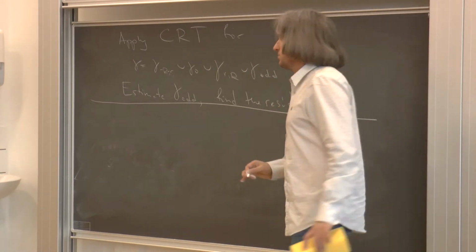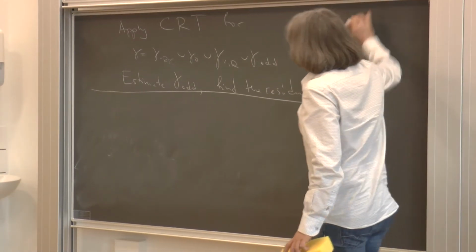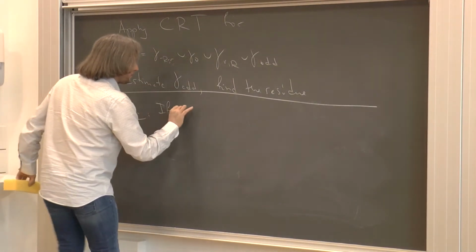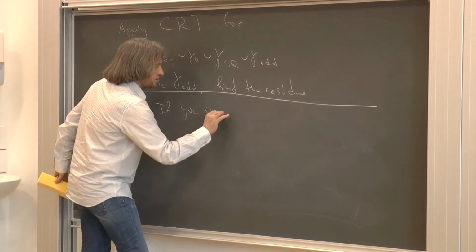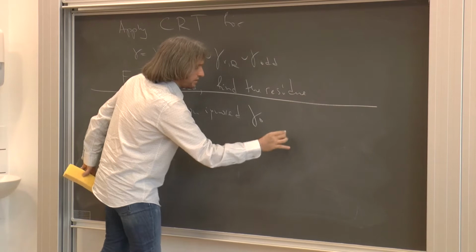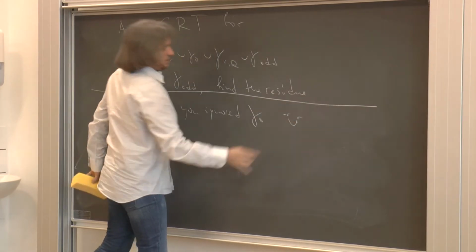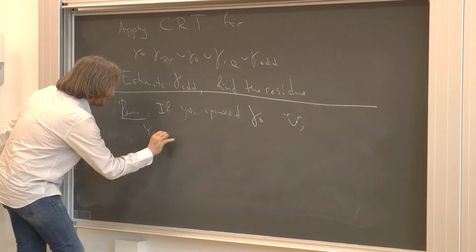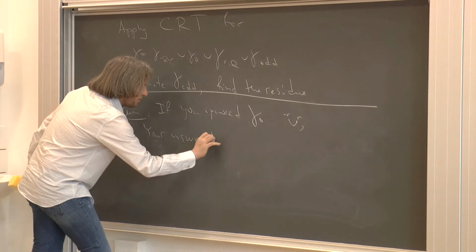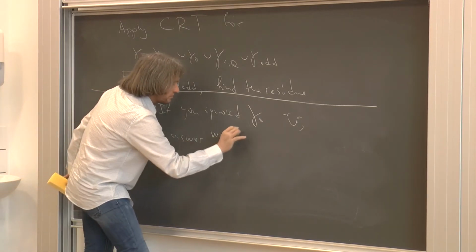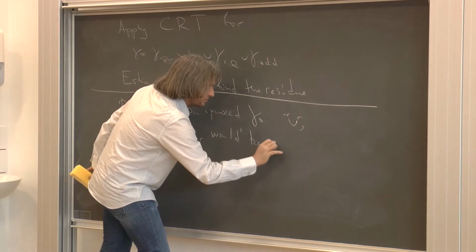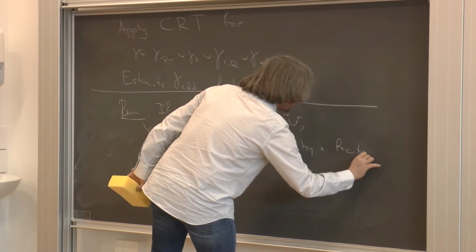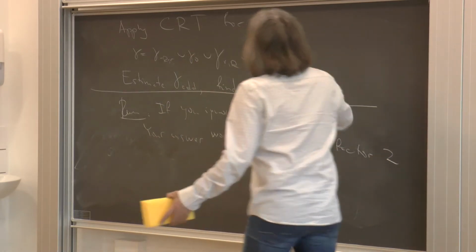Again, I want to pass to sums of series. But one remark is, if you ignored this gamma 0, this part, your answer would be wrong, by a factor of 2.